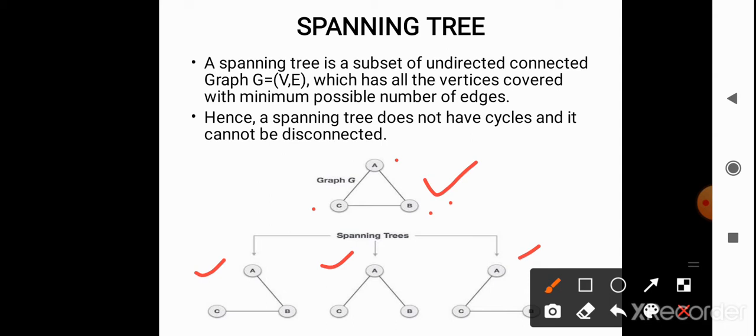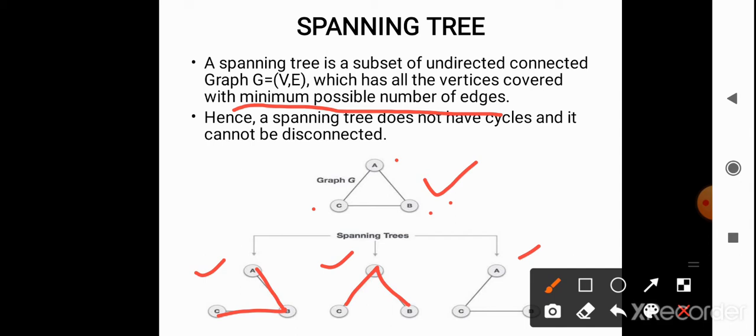What is the difference? Here the minimum possible number of edges are there. So here there are two edges connecting all the vertices, and here also there are two edges. Using these minimum edges, it connects all the vertices. That type of tree is known as a spanning tree.